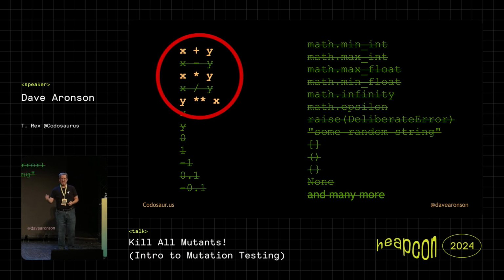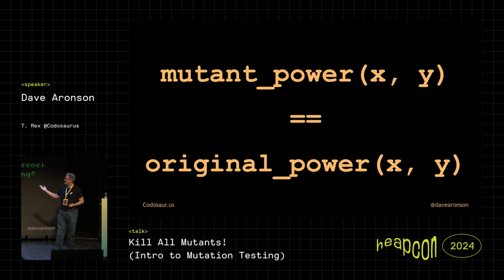But addition, multiplication, and exponentiation in the reverse order all get us the right answer. So mutants based on those mutations will survive our current test suite. This is the usual way mutants survive, by returning the same answer as the original function, or having the same side effect, whatever it is that our tests are looking at.